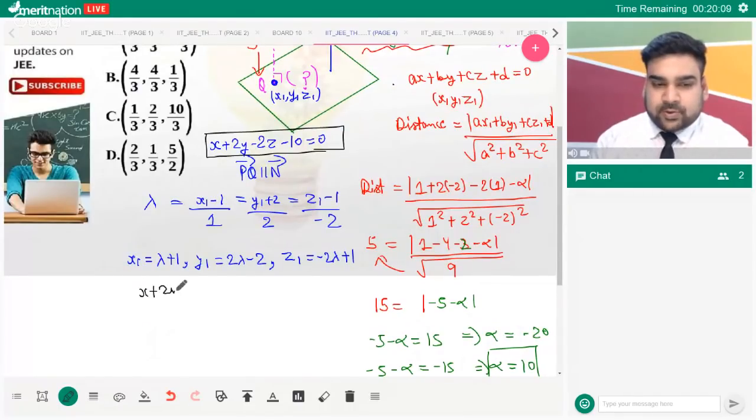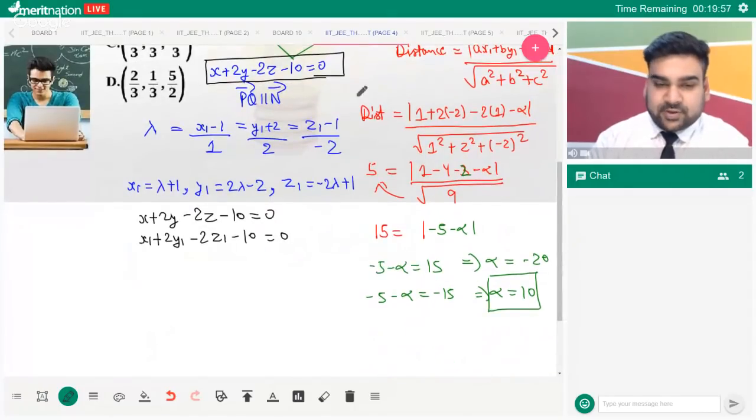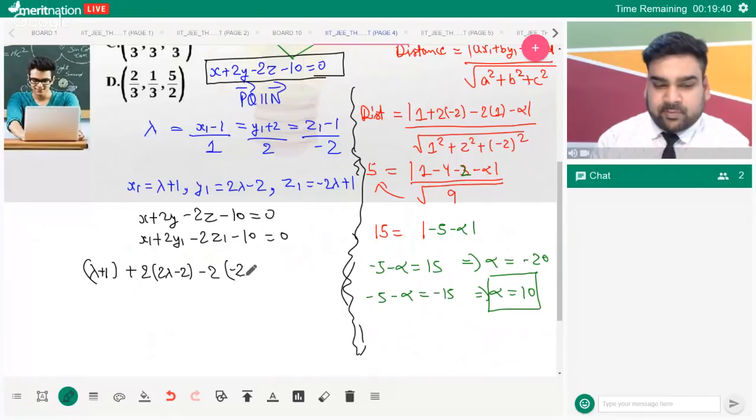x plus 2y minus 2z minus 10 equals 0 is our plane, which means x1 plus 2 times y1 minus 2 times z1 minus 10 will also be equal to 0. Now just substitute these values in terms of lambda. Lambda plus 1 plus twice of 2 lambda minus 2 minus 2 times minus 2 lambda plus 1 minus 10 equals 0.